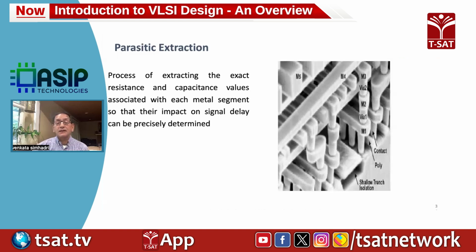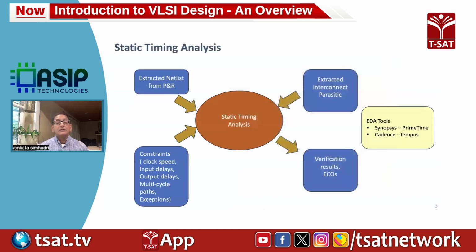So you take this physical design and extract all the parasitics of the interconnects and feed them into a static timing tool. So here, you get an idea of how this static timing analysis works. You extract the gate level netlist from place and route.